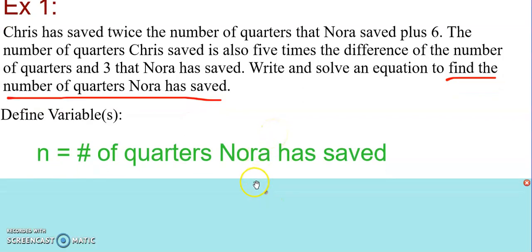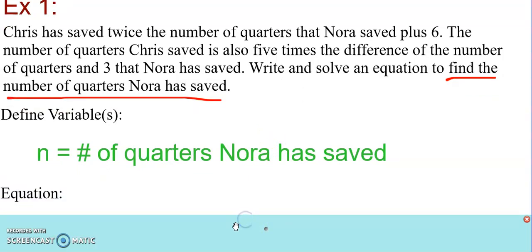After we define the variable, then we want to go through and get the important information so that we can solve to write the equation. Chris has saved twice the number of quarters that Nora saved plus 6. So twice is important. That means multiply by 2. And plus means addition.